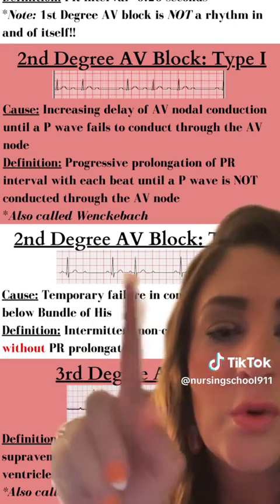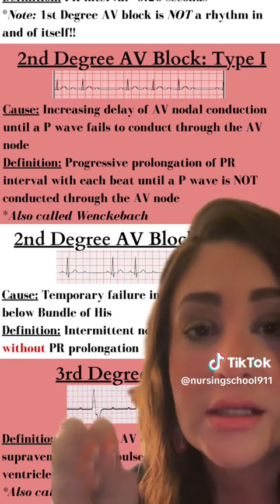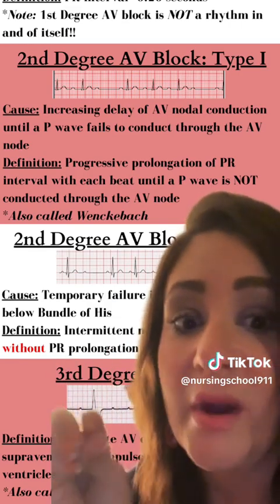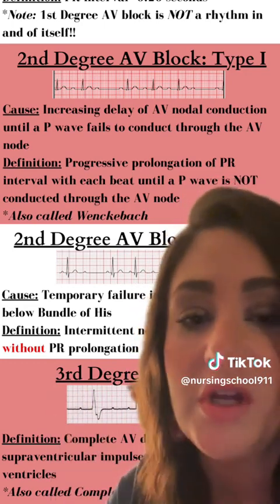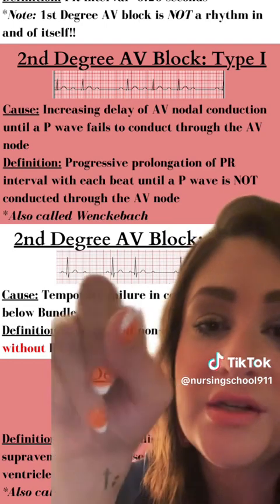It's also called Wenckebach. When I was taught about blocks, my instructor said that Wenckebach is winking at you, like it's giving you a warning. It's warning you that something is about to happen.